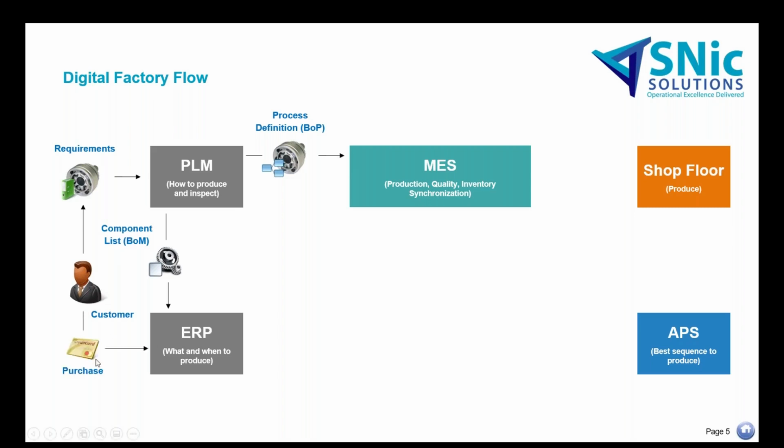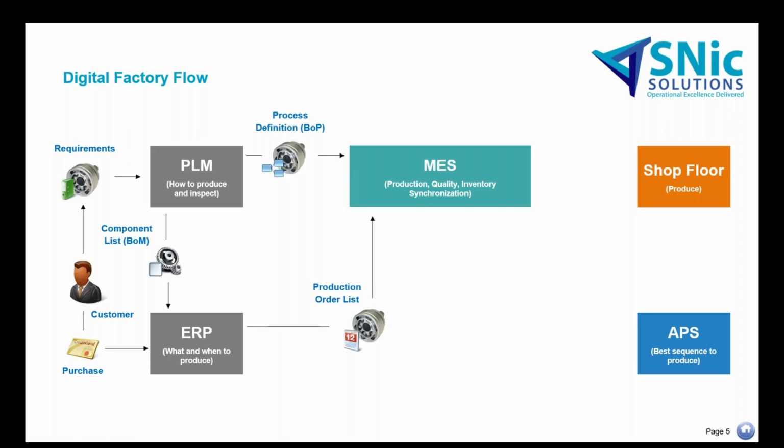If you see in parallel, ERP and the purchase officers are taking care of all the purchases that need to be done from external vendors. And this entire purchase and the production orders are a list that are sent from an ERP to an MES system.